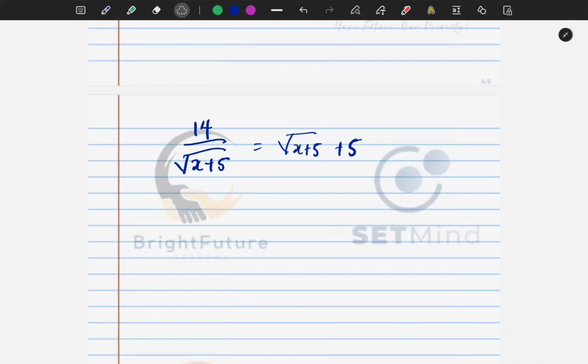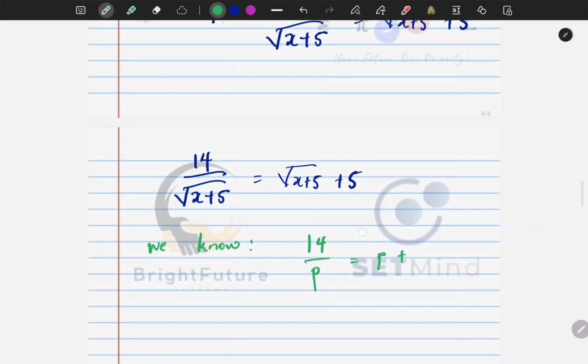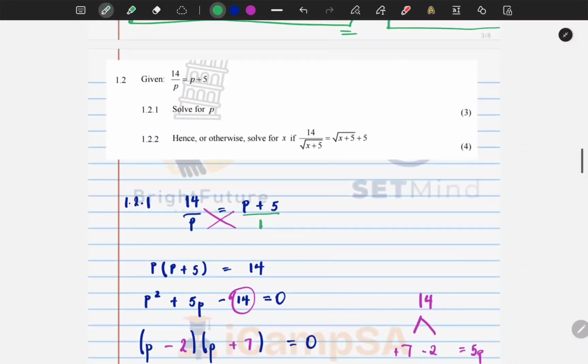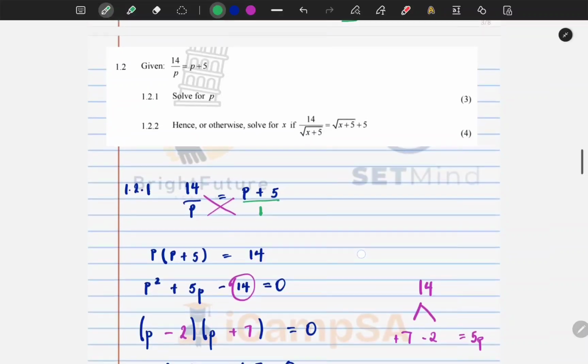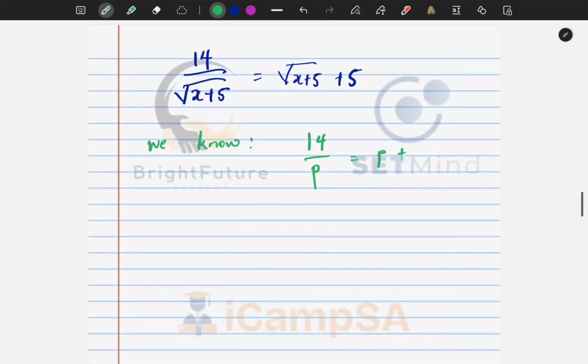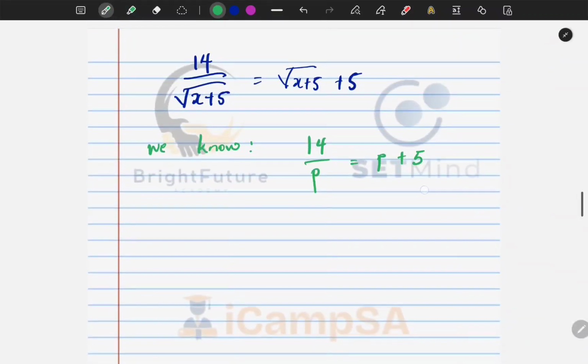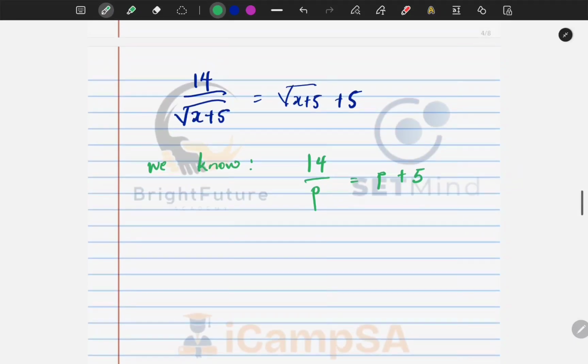So we know we had 14 over p equals p plus 5. This is what we know.